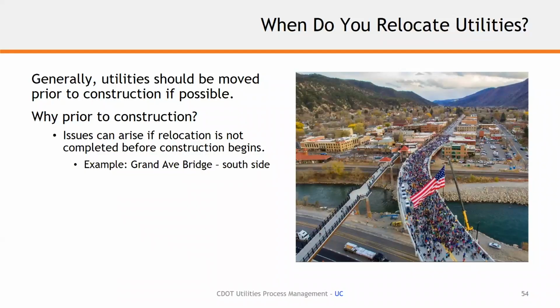Yeah, and that's a great message. If anything else, I just want everybody to start thinking a little earlier about the phasing of the utility construction, and not just assume that it all should happen about the same time that our contractor shows up to work. Is there an opportunity for early relocates? If so, then let's try to do that.